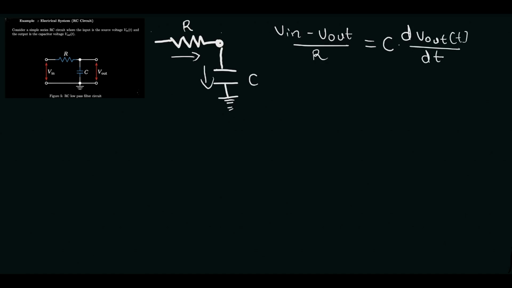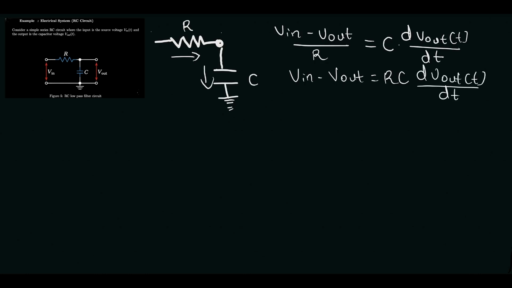Now making your Vin the subject of the formula, cross multiply, that will be Vin minus Vout equals RC times the differential of your Vout over dt.